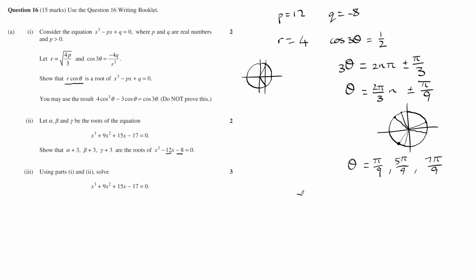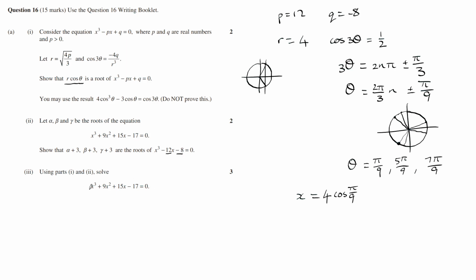So then we can just say the roots are going to be r cos theta where r was 4. So the first root would be 4 cos pi on 9, and then we have to subtract 3 because of this transformation. That by itself is the root of this equation.